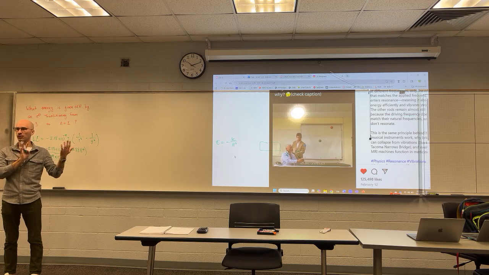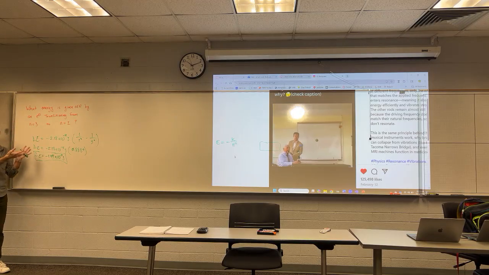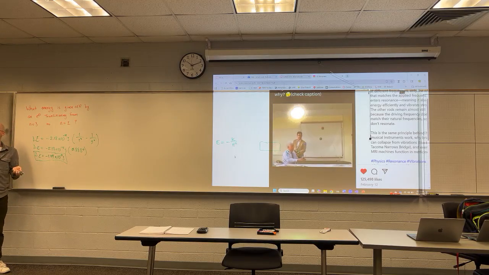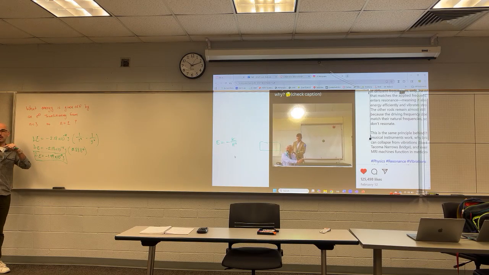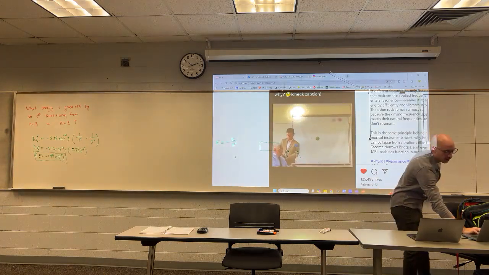They'll only move if the frequency matches their resonance frequency. That's basically the same here. An electron will only move if a photon matches the energy gap needed. A photon of more energy doesn't make the electron move. A photon of less energy doesn't make the electron move.